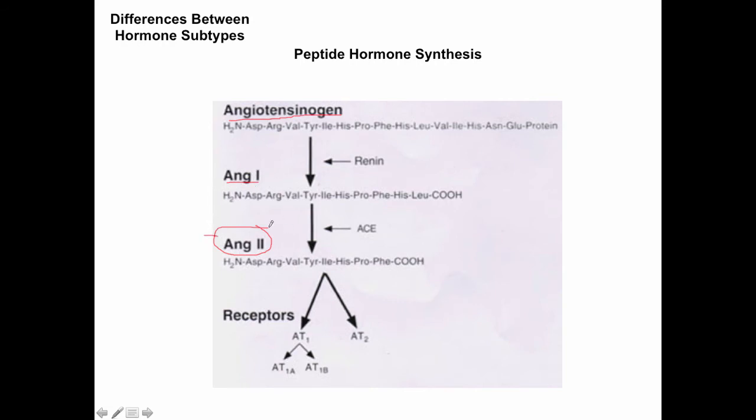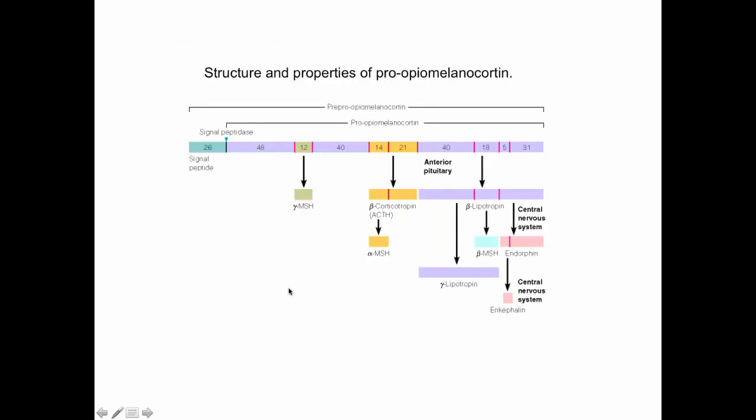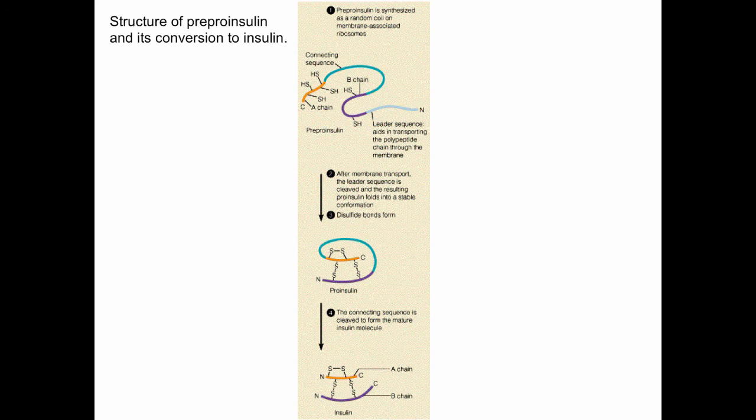Now, the interesting thing about this example is that unlike the previous two examples, this process of cleavage does not happen inside of the secretory cell. The previous examples, the pro-opiomelanocortin protein getting pared down and the pre-pro-insulin protein getting pared down, occurred inside of the secretory cell.